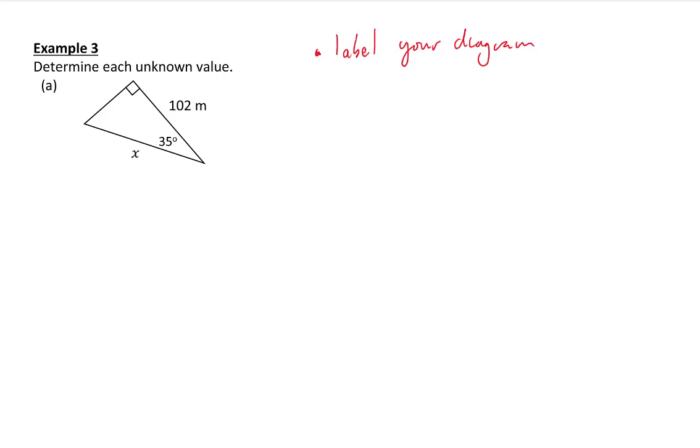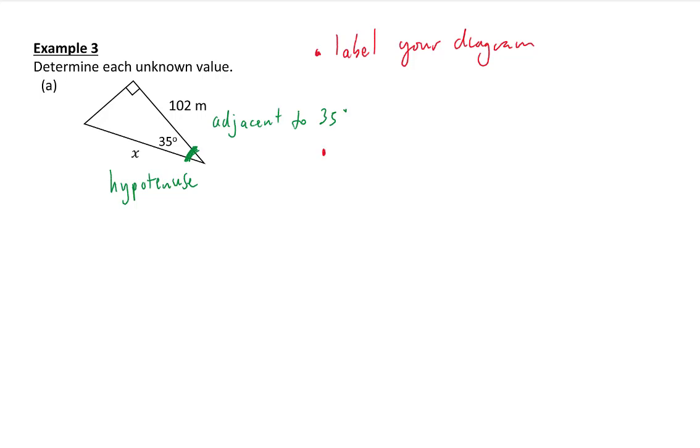So we're focused on this 35-degree angle. We're always focused on an acute angle. And relative to this acute angle, x is of course our hypotenuse. And the 102, the only side that we know, is adjacent to that 35 degrees. So that's how we start. We start by labeling our diagram.